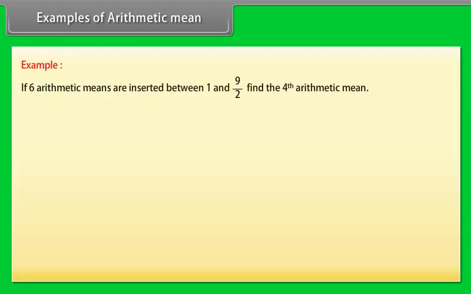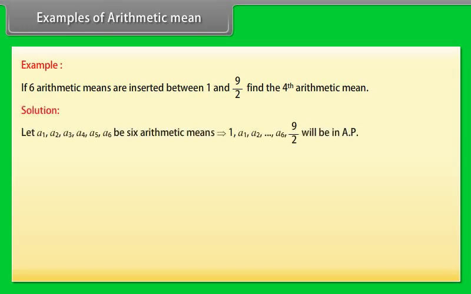Example of arithmetic mean. If 6 arithmetic means are inserted between 1 and 9 by 2, find the 4th arithmetic mean. Solution. Let A1, A2, A3, A4, A5, A6 be the 6 arithmetic means. It implies 1, A1, A2 up to A6, 9 by 2 will be in arithmetic progression.